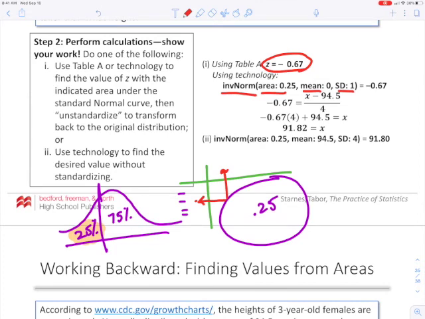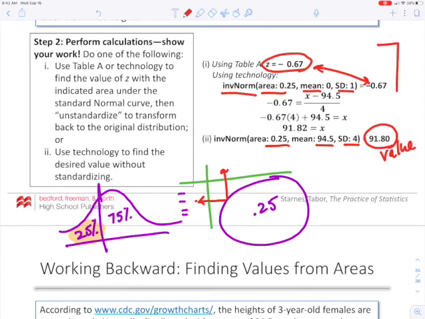You can do it with the standardized values, so the area is 0.25, the mean is 0, and the standard deviation is 1, and you see you get the exact same z value. Or you can do it without standardizing, so you put the area 0.25, the mean 94.5 and the standard deviation 4. When you do this option, it's going to give you the final answer. This is going to give you the value you are looking for.